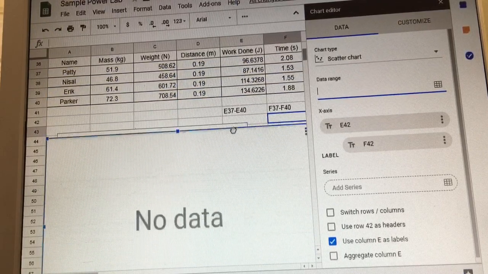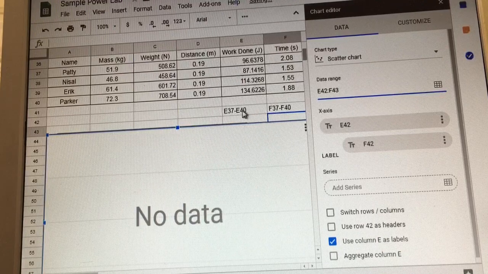I want to use these. All right, E37 through E40 and F37 through F40. So I have to tell it what I want it to graph. I have to tell it which cells to look at to plot the points. The order is important. Which of these goes in the X and which goes in the Y?